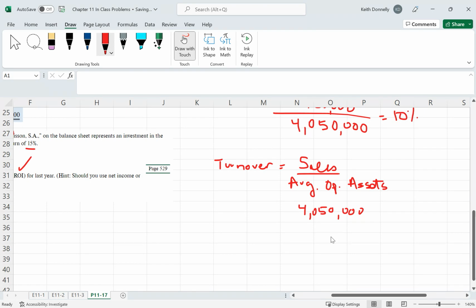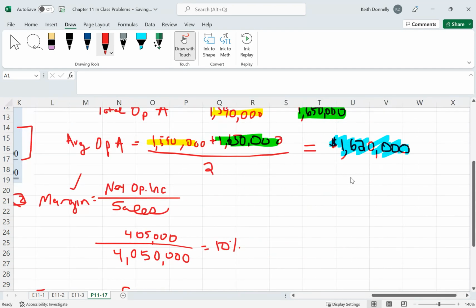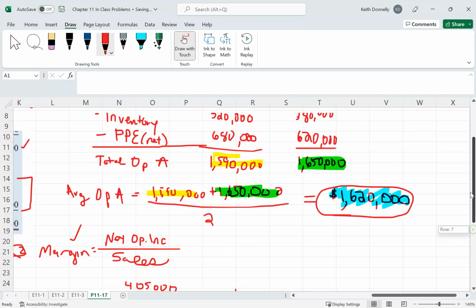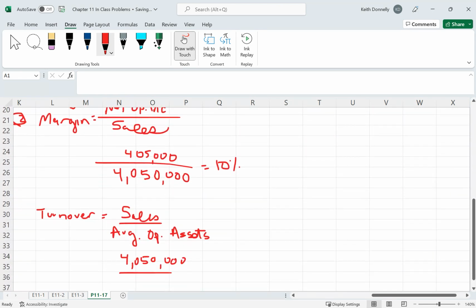Okay. And then our average operating assets, that's this 1620. That's what we calculated in 1 up here where we did our beginning plus our ending divided by 2. So we have 1620 there.